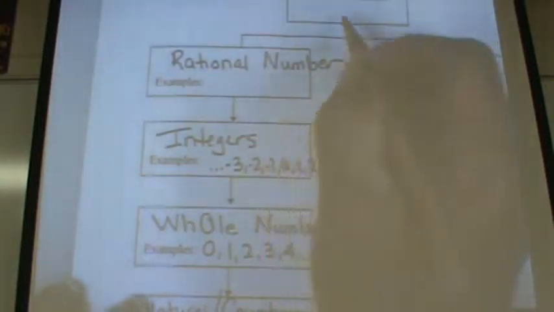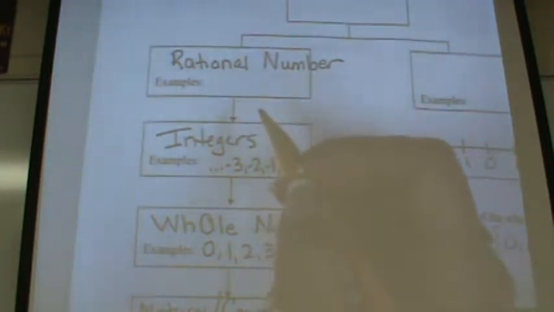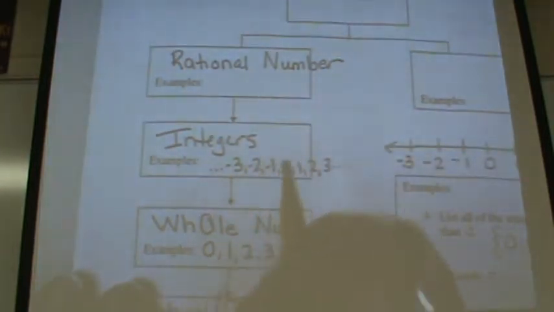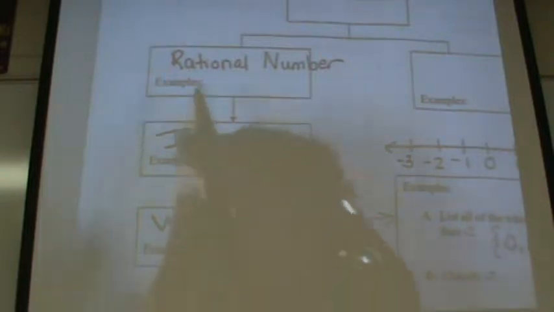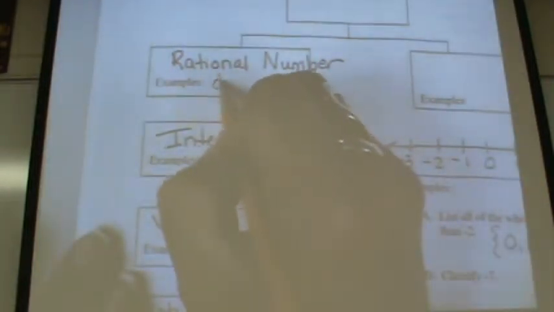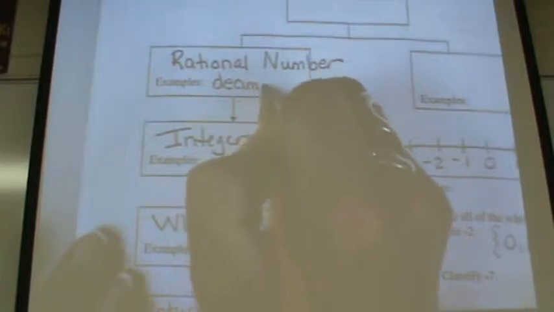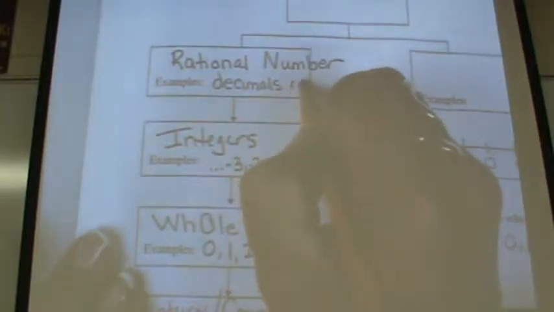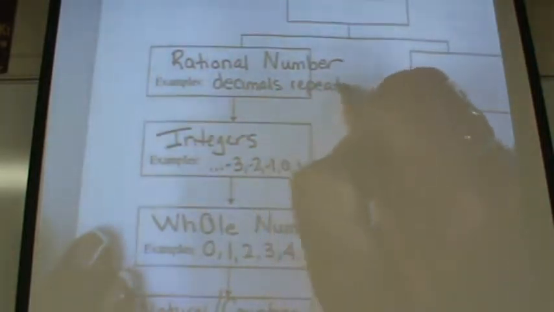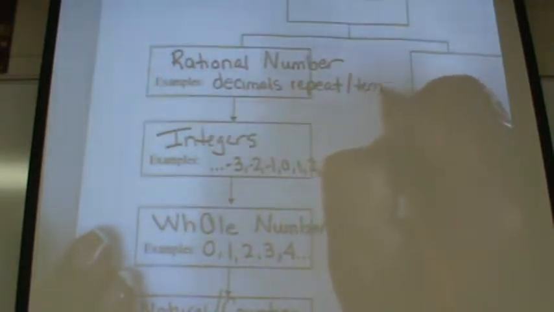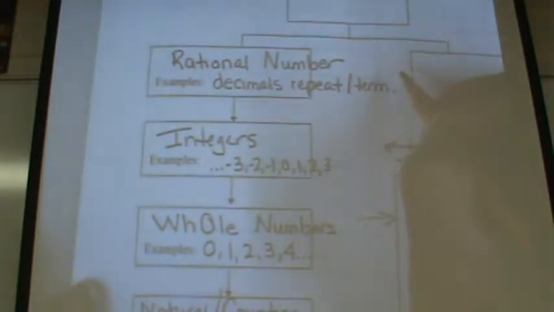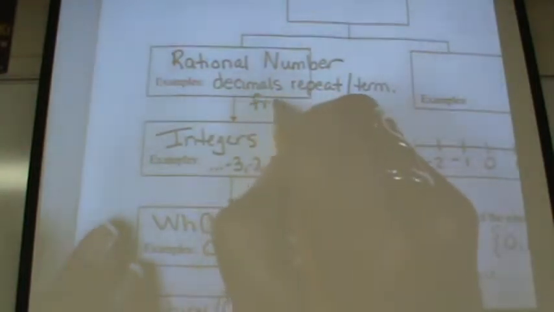A ratio is a fraction. So rational numbers are all numbers that can be written as a ratio of 2 integers. They are decimals that repeat or terminate. You know what terminate means? They end. And they are fractions.